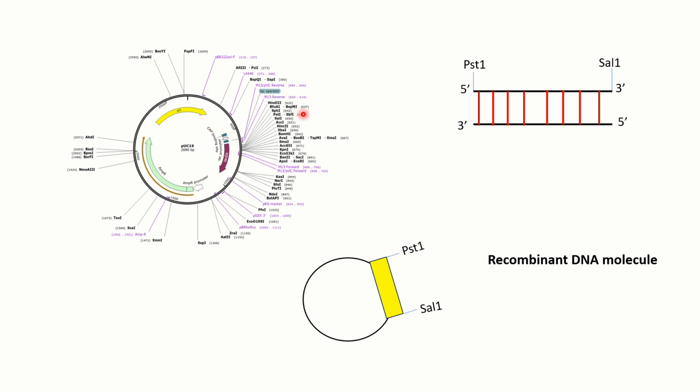This is the PstI restriction enzyme recognition site and this is the SalI recognition site. After cutting our gene of interest as well as the vector with two different restriction enzymes, we need to ligate our gene of interest within the vector in order to produce a recombinant DNA molecule.